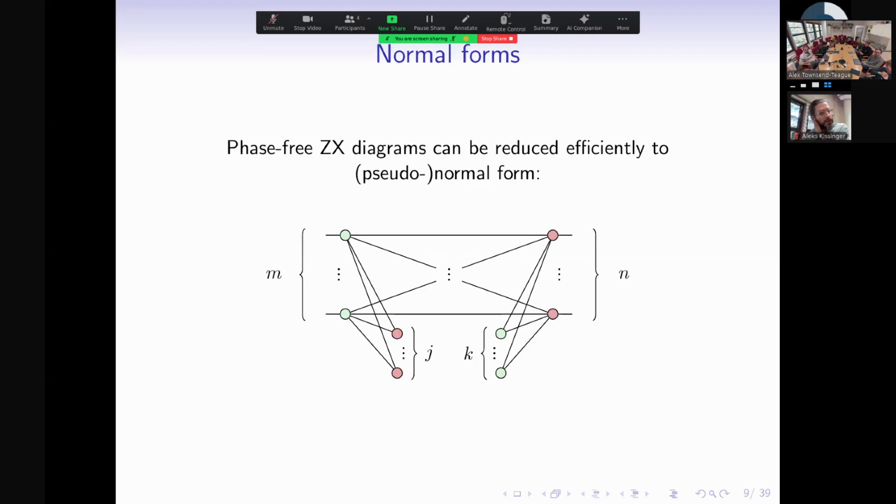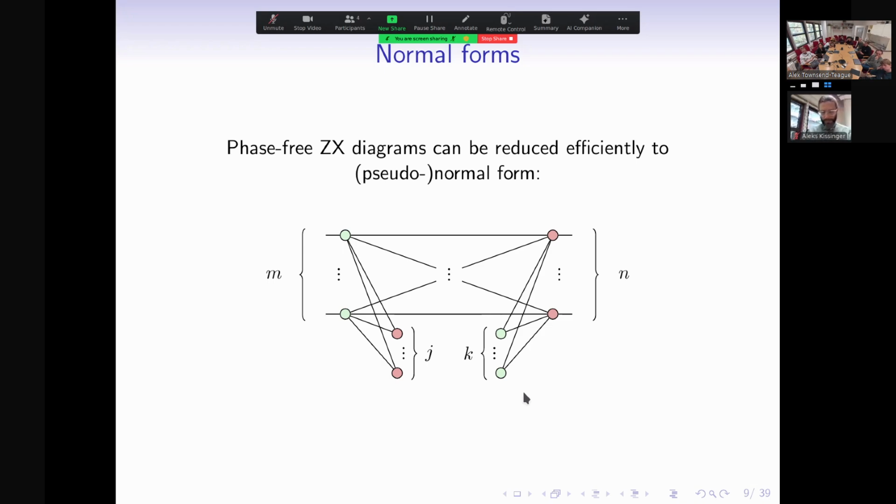Okay, so this is what a normal form will look like in the end. I'll get all greens on the inputs and all reds on the outputs, and then I might have some internal structure. Here I have some isolated reds connected just to the inputs, and some isolated greens connected just to the outputs.